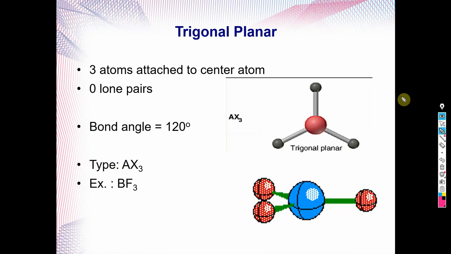So here's an example of a trigonal planar structure. For example, if you're given COCl2, and it is said that carbon is the central atom, add a carbon, add an oxygen, and the simplest way to deal with this kind of structure is to give as many bonds to carbon as possible.